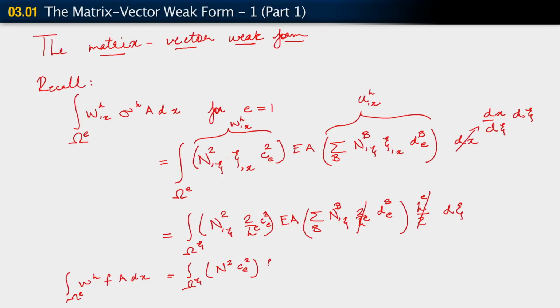This multiplies f a, and now in place of dx, once again we have dx d xi times d xi, and we recall that this is he divided by 2.